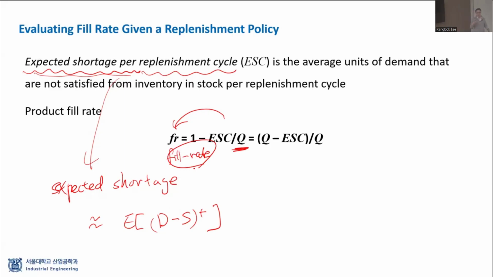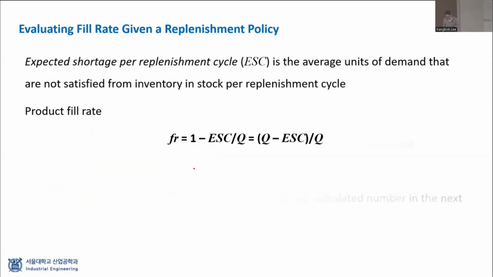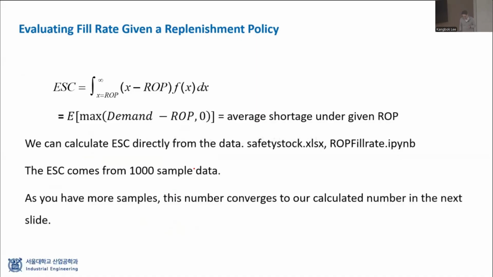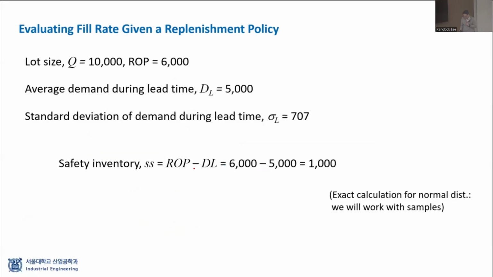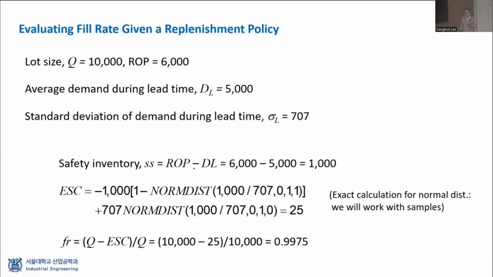And fill rate is an important measure in practice. So you have a fill rate of 90%, meaning that if your order quantity is 100, 90 of them will satisfy your demand, okay? And there could be 10 additional demand that cannot be satisfied due to the shortage. So that's the expected shortage ratio. And you can calculate it from the Excel spreadsheet as usual from the similar calculation that you have done for the newsvendor problem. So that's why I'm skipping it. So I'm very comfortable of skipping this part.